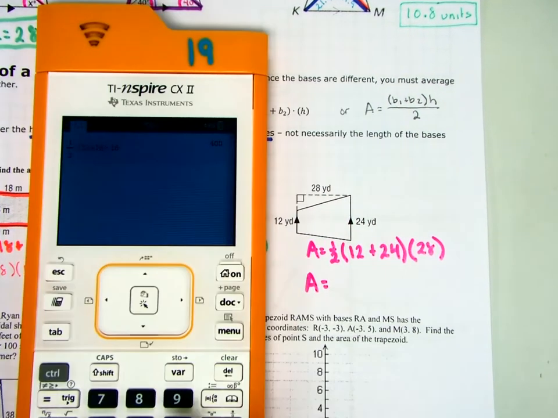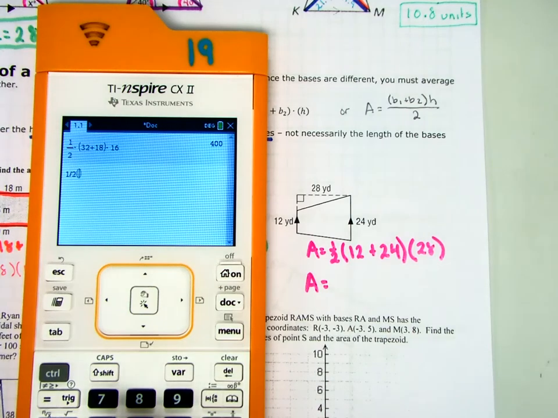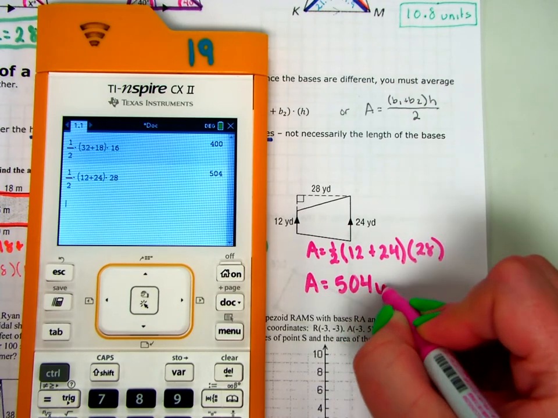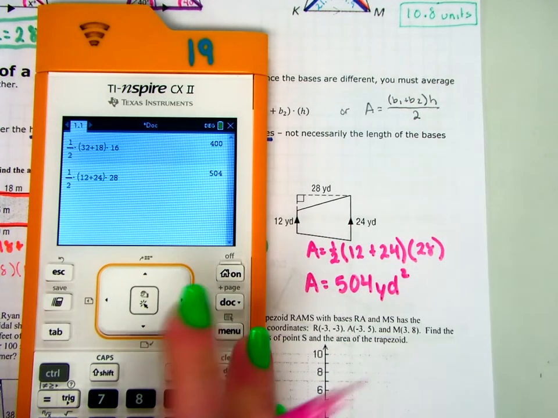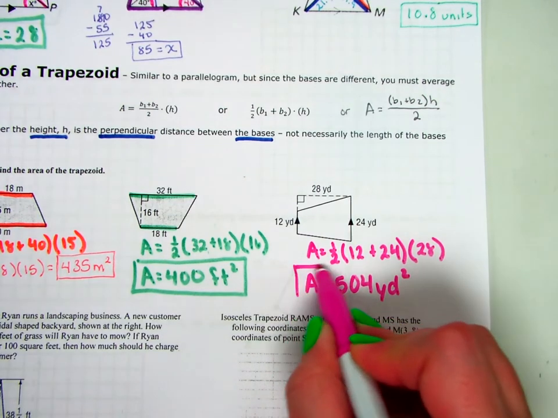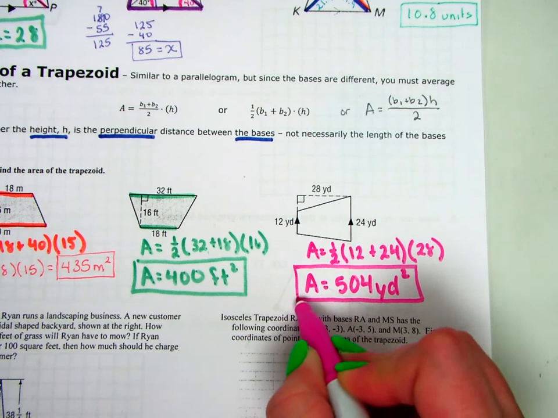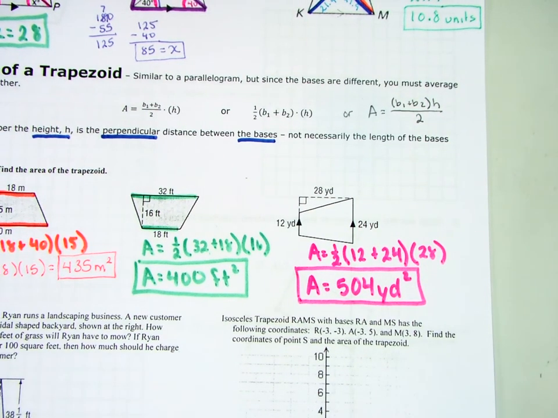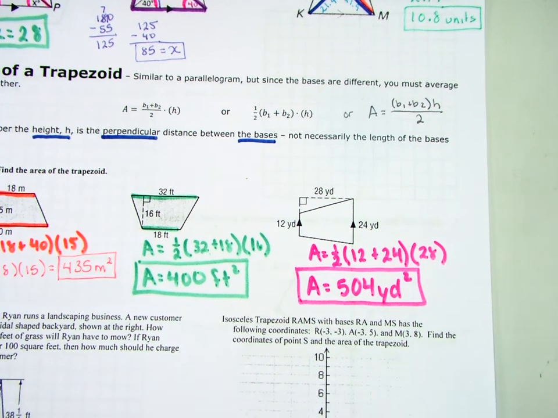So my area equals, I'm going to put all that in my calculator at the same time. 1 divided by 2 times parentheses 12 plus 24 parentheses 28 gives me 504 yards squared. Questions? Nope, we're good.